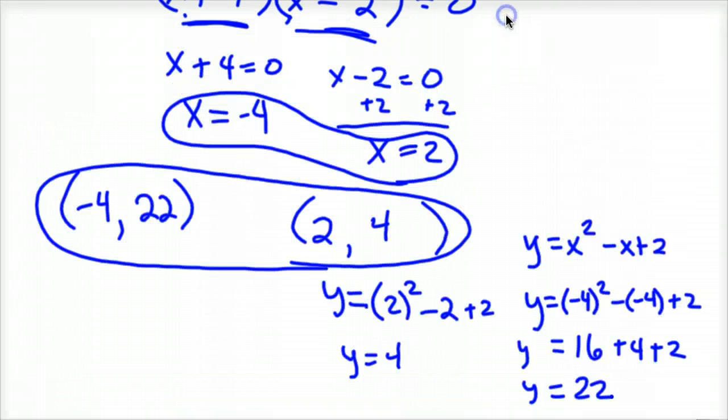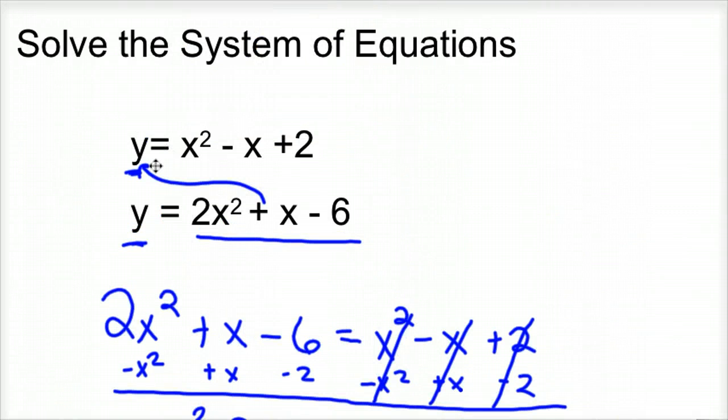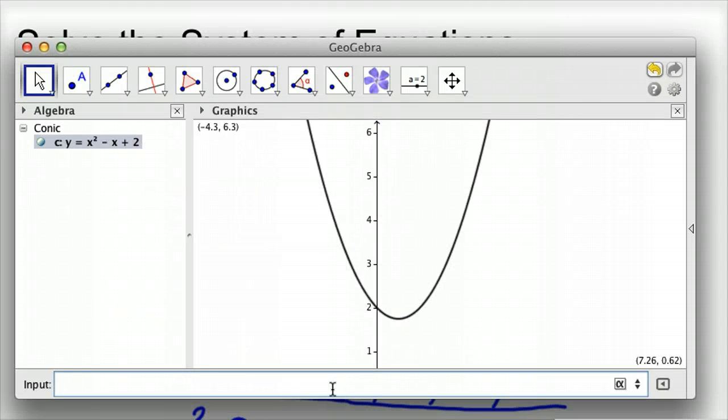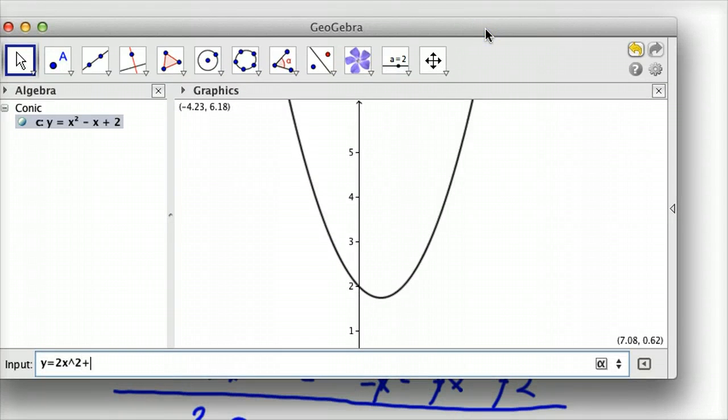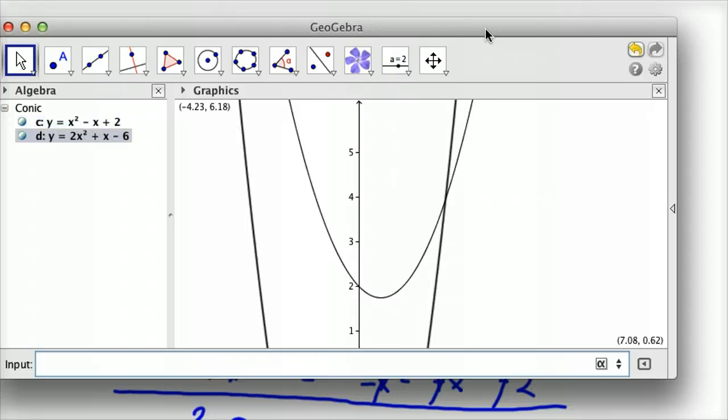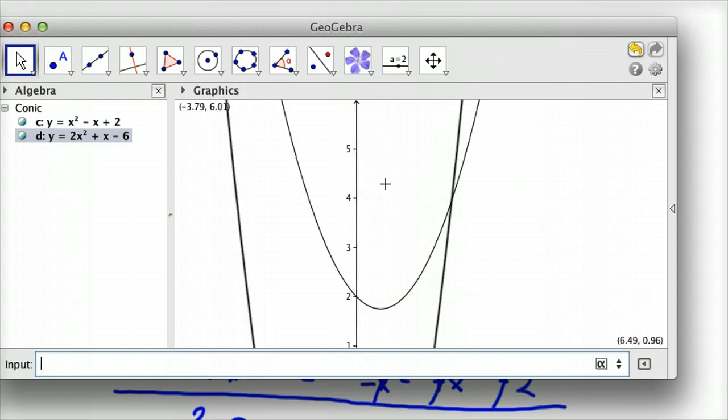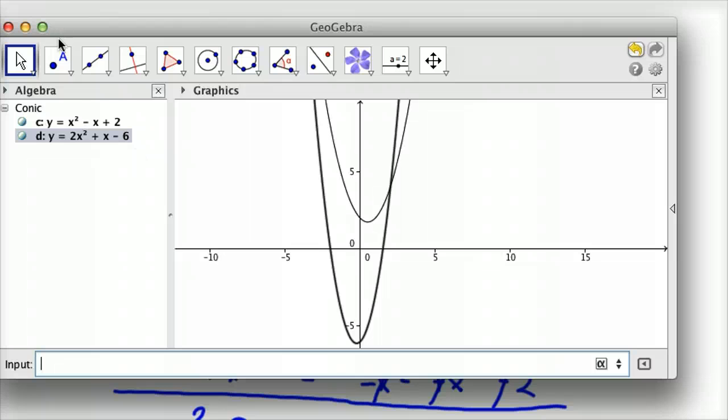And then your other equation, y equals 2x squared plus x minus 6. Okay. And there you go. And we'll go ahead and intersect those two objects to find out where they meet.